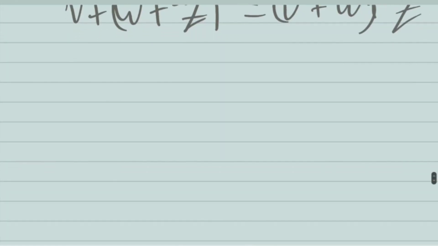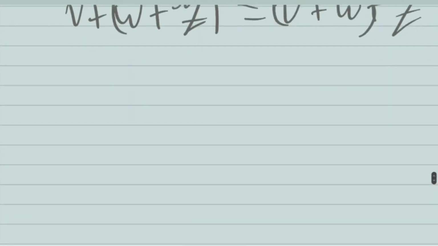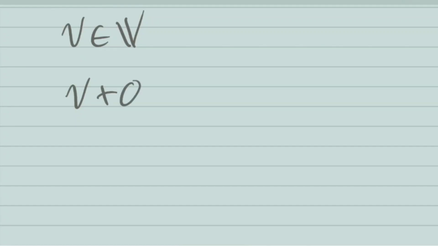That's associativity. And then a vector space should also have an additive identity. And what that means is if you have some vector V in our vector space, there is some vector called our additive identity, and it looks like 0, such that if you add the additive identity to every vector, you will get that initial vector.